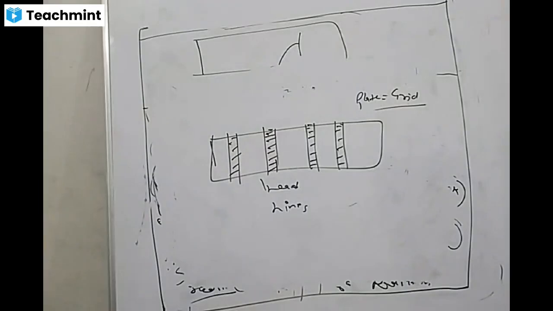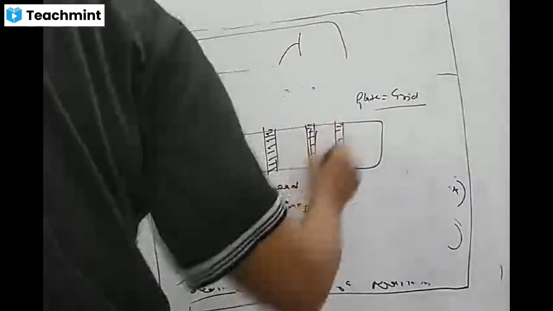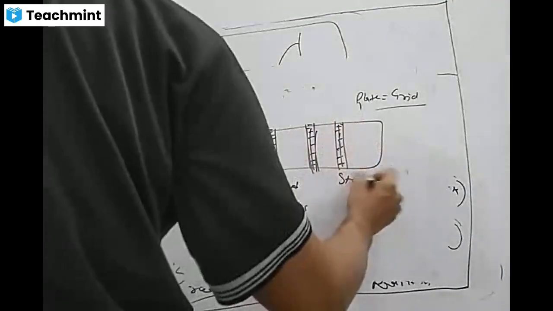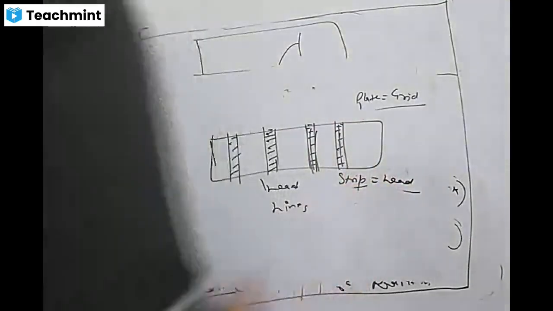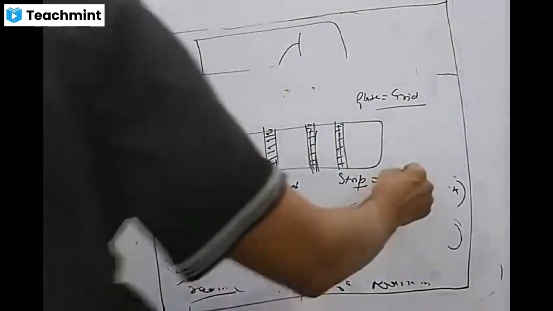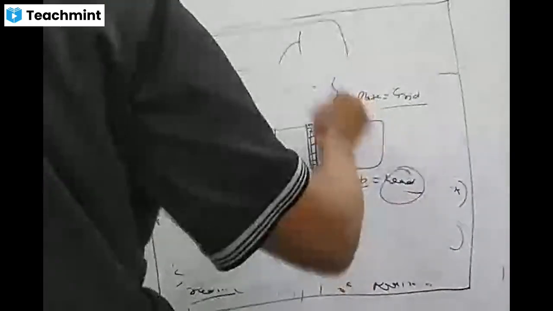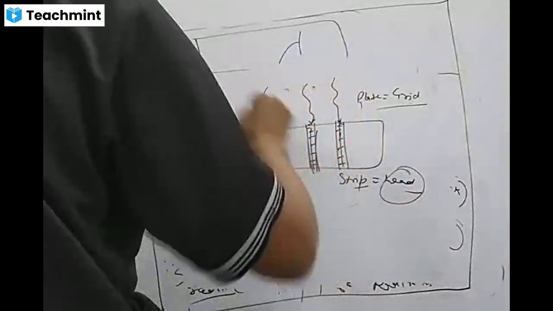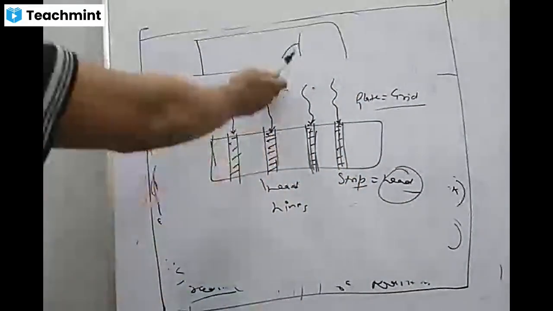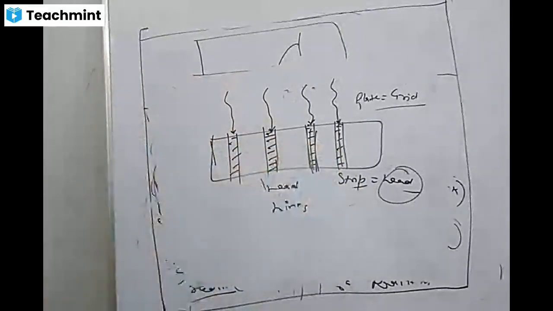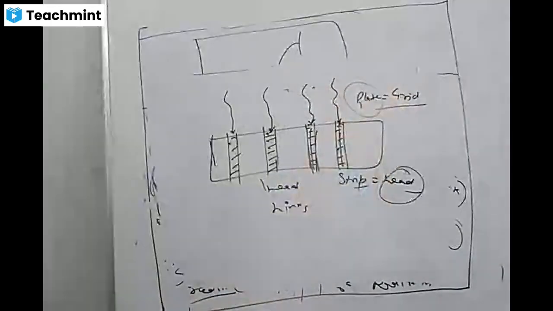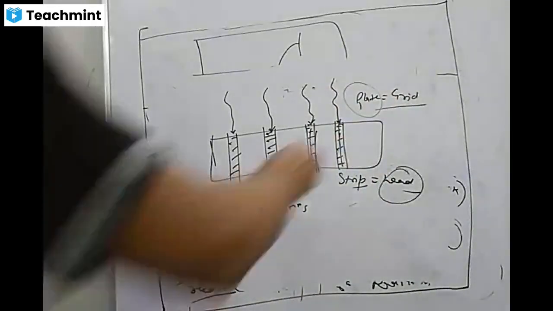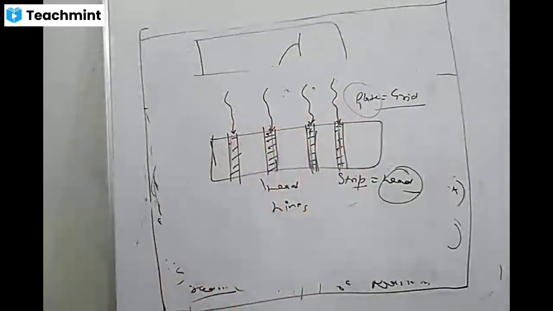There are some strips of lead. As we know, lead will absorb X-rays. So when X-rays fall on these lead strips, they will be absorbed. So grid is a material which is having some lead line.